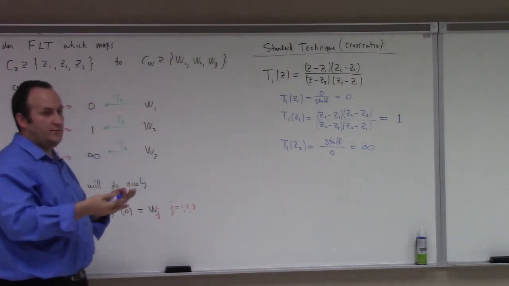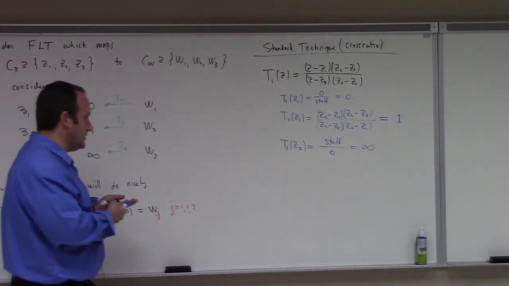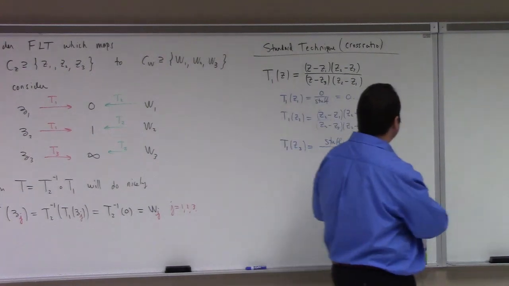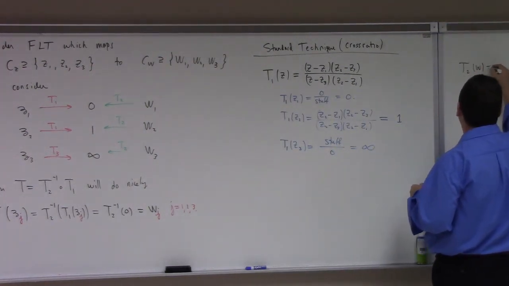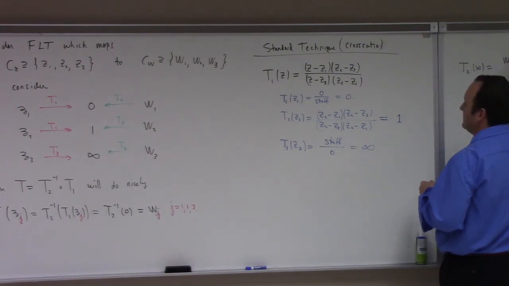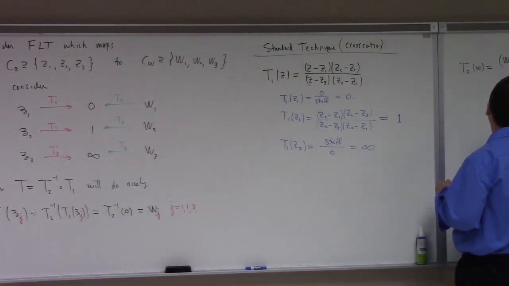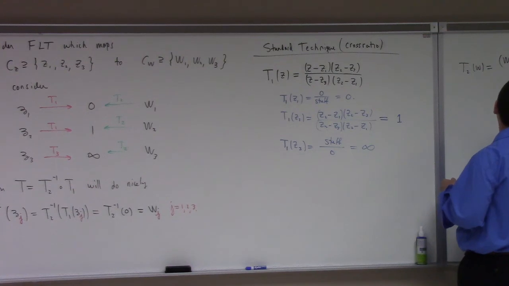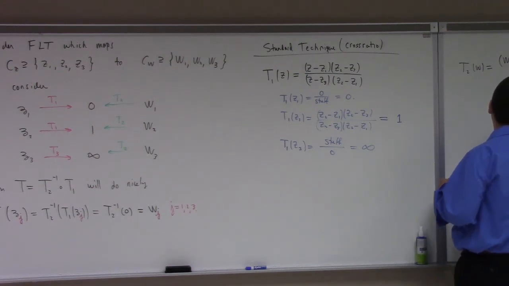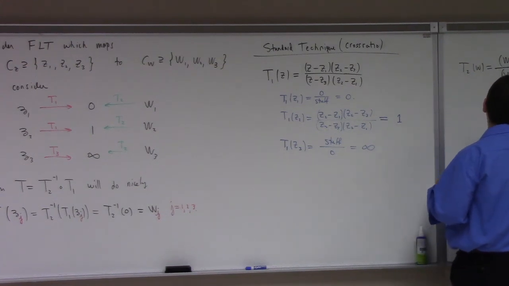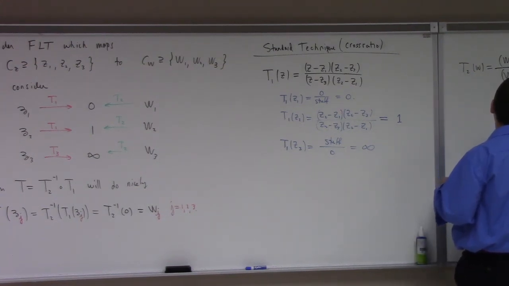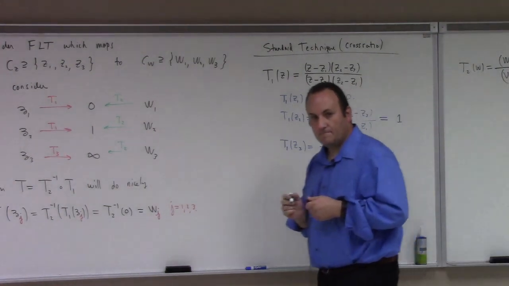So there's your T1. What would T2 look like? You've got W minus W1, W2 minus W3, divided by W minus W3 times W2 minus W1. Same thing, but with W's instead of Z's.